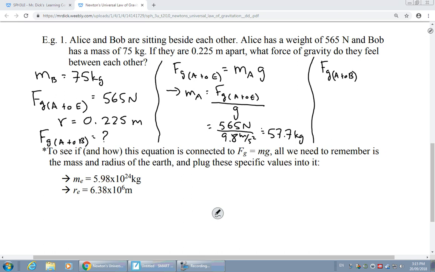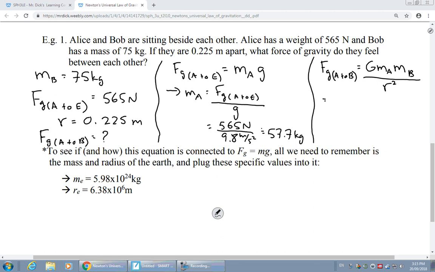And again, that just means the force of gravity between Alice and Bob. When that's the case, we know it's going to be our big constant value G, big G, and it's going to be the mass of Alice also multiplied by the mass of Bob and divided by the distance that they're separated squared. So let's plug in what we know.